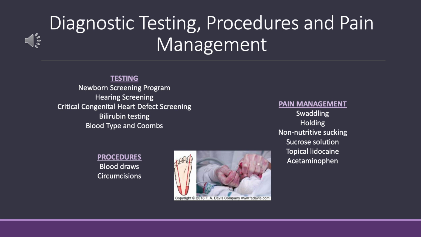Most states also mandate hearing screenings, which we talked about already, and critical congenital heart defect screening, which is basically placing pulse oximetries on a newborn's wrist and an ankle simultaneously and checking the readings.